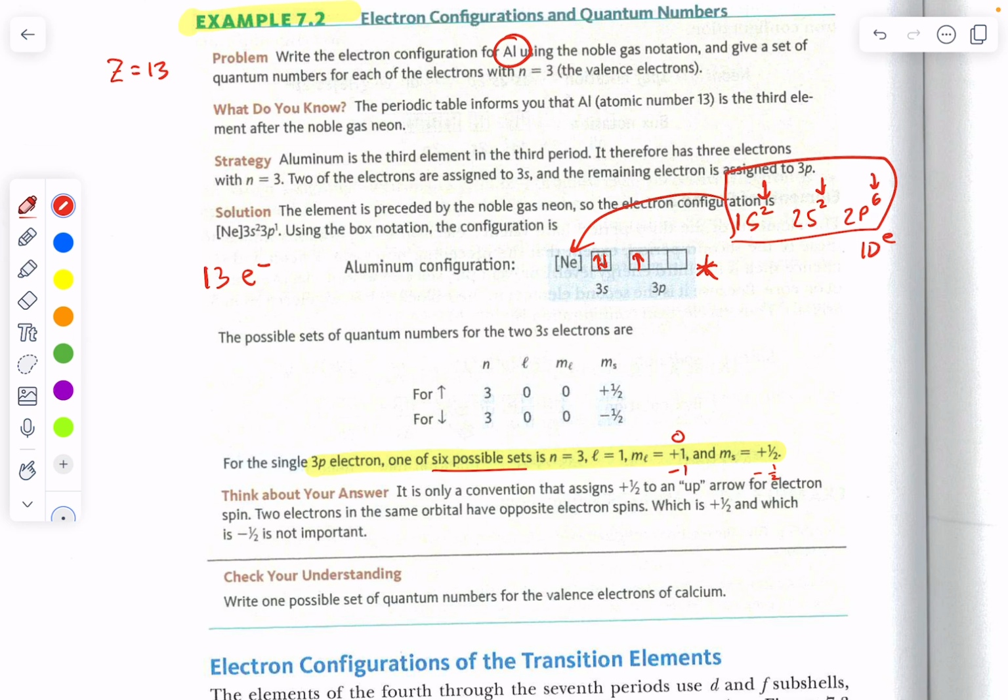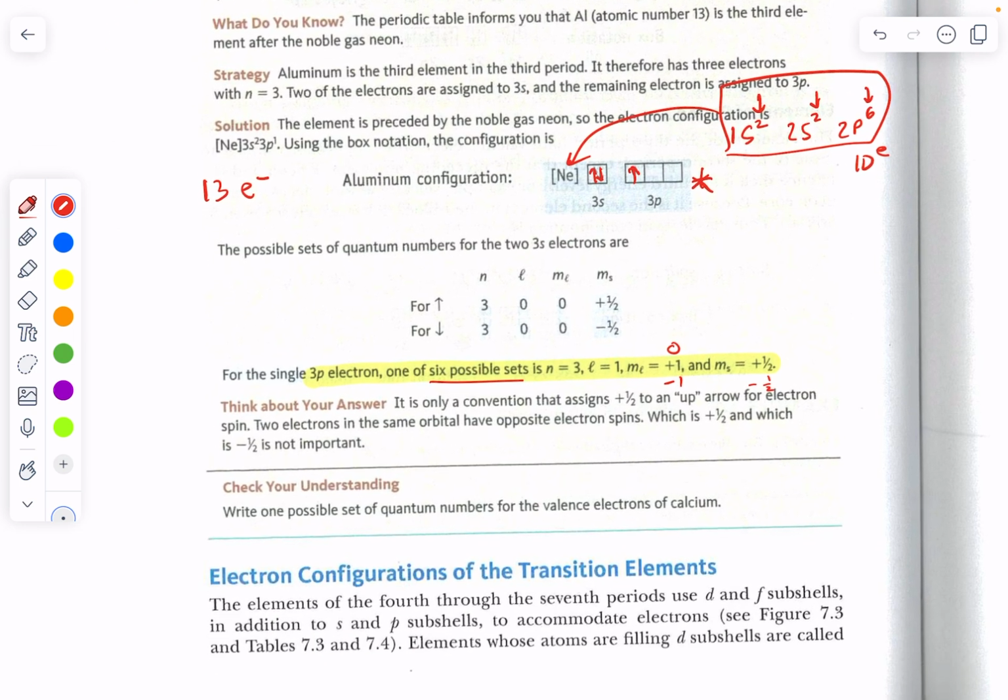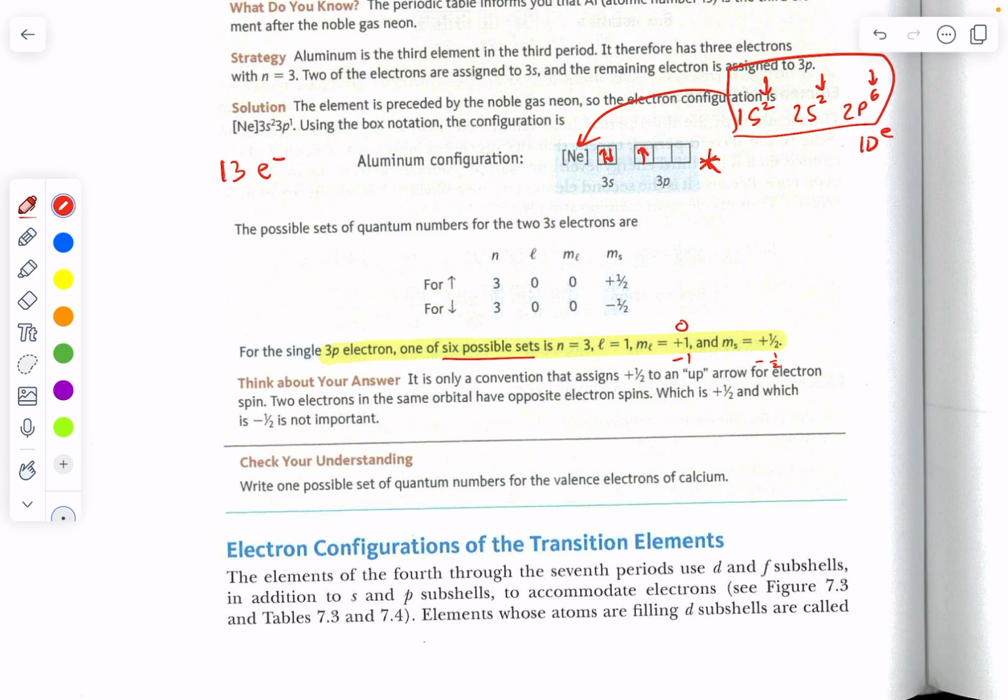Now, when we talk about the quantum numbers, if we're talking about the 2 3s electrons, that's these two right there. Both of them are in the third energy level, so the principal quantum number is 3. Both of them are in the first subshell, which is designated by the letter s, 0.